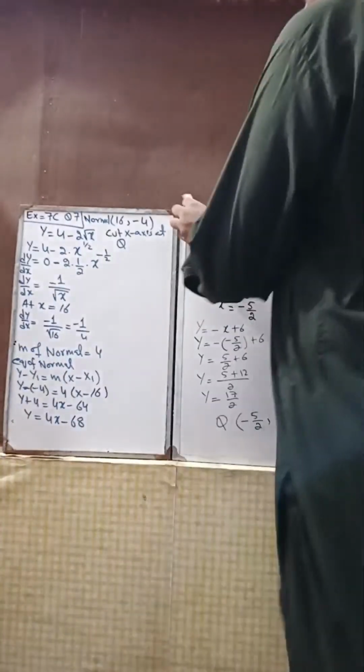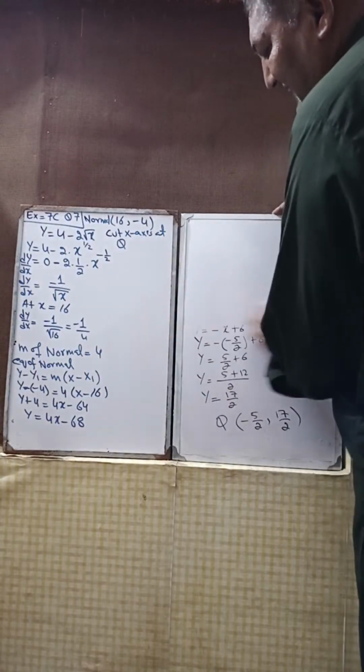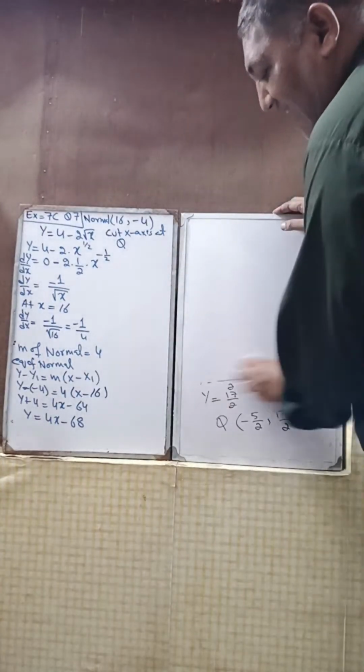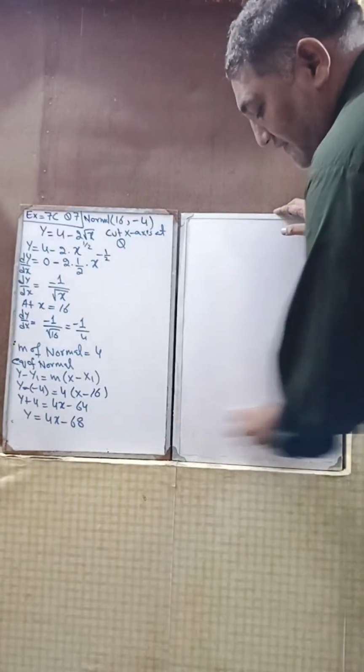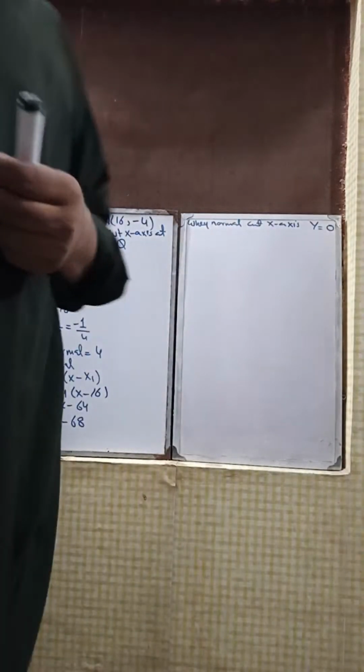He says that the normal cuts the x-axis. You see, when any line or any curve cuts the x-axis, the value of y at that point is 0. This is the rule.